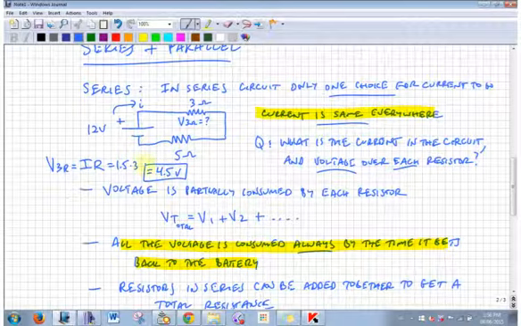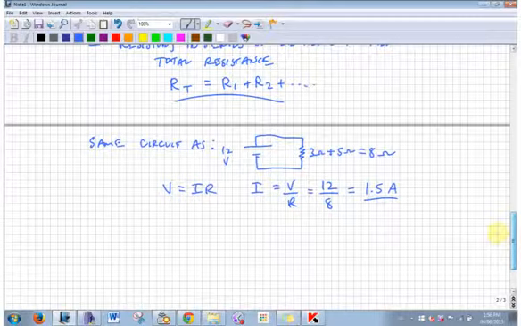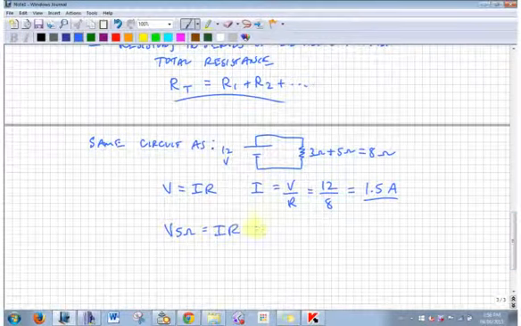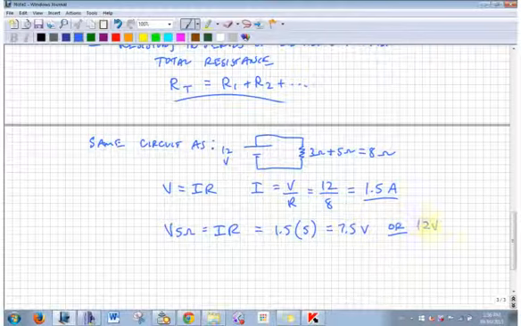So what's the voltage over the 5 ohm? Well, it gets kind of messy there. Let's put it down here. V over the 5 ohm, well, V is IR. The current is 1.5. The resistance is 5. So that is 7.5 volts. But did I have to do that?